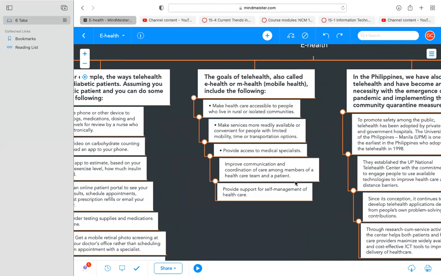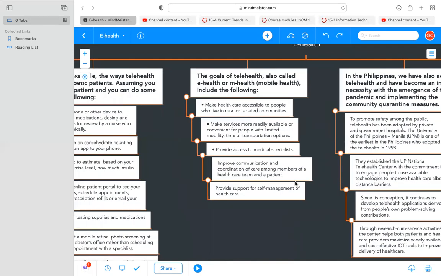Now, the goal of telehealth, which is also called e-health or m-health or mobile health, includes making healthcare accessible to people, especially those who are living in rural or isolated communities.